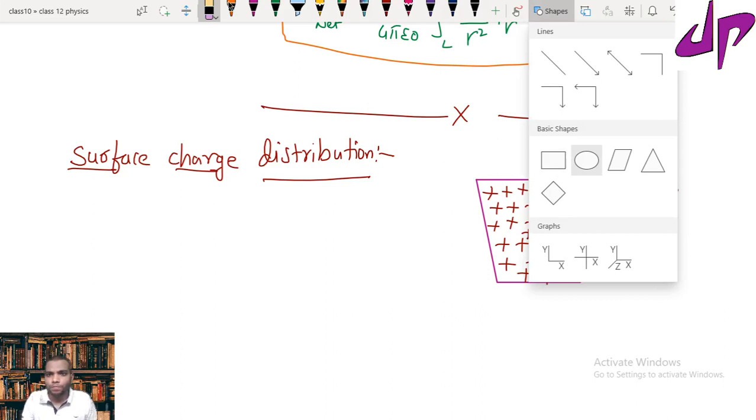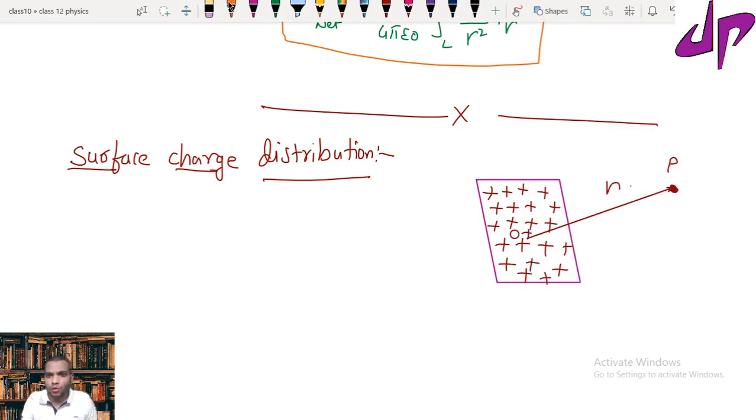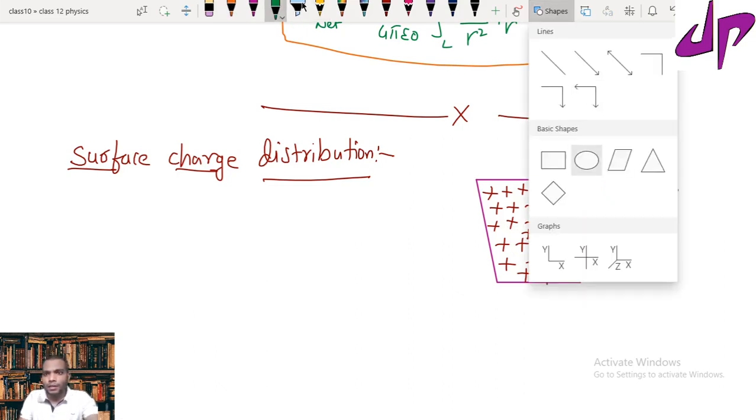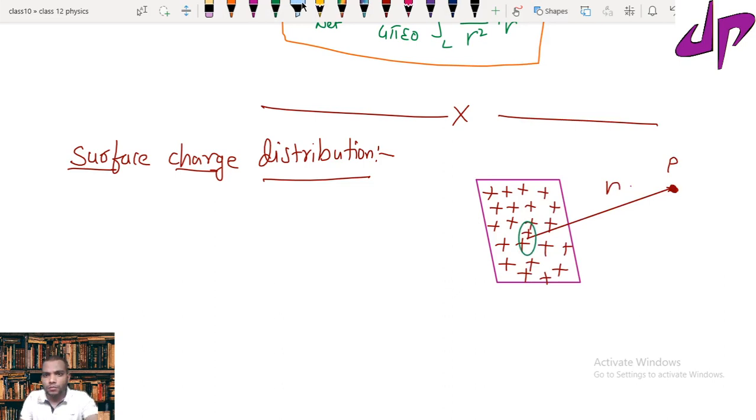For that, let us consider a small surface in that two-dimensional object. So this is my surface, which I would like to highlight.